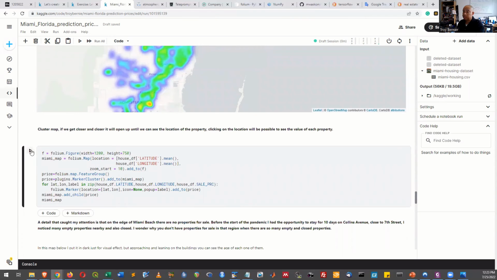Last figure. Once again, using Fulcrum, lat long. It's taking a bit for this one. It's a big file.